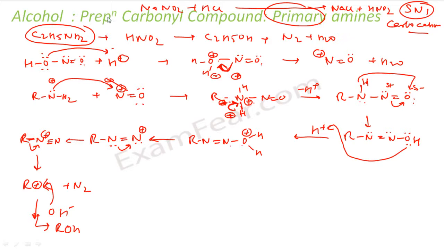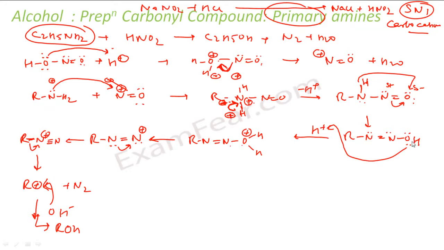Little easy, difficult, let's understand. I have this primary amine. I have this HNO2. I told how you form it: you take NaNO2 and HCl. Now what happens is HNO2 reacts with H plus, you get NO plus, nitrosonium ion first. Once you have that, you react this with primary amine. Right? So primary amine, if you see, has a lone pair attracted to this positive charge, you form this compound, and then this tautomerization happened, and you get this.